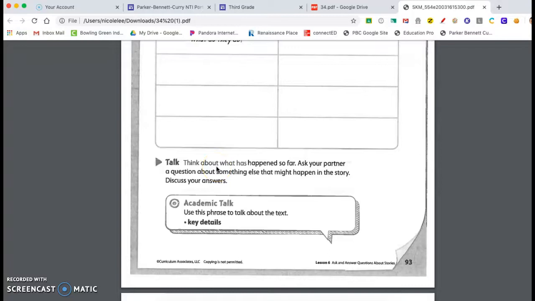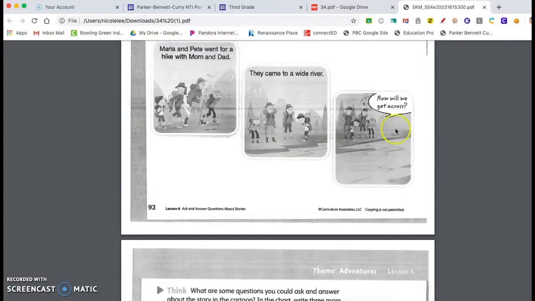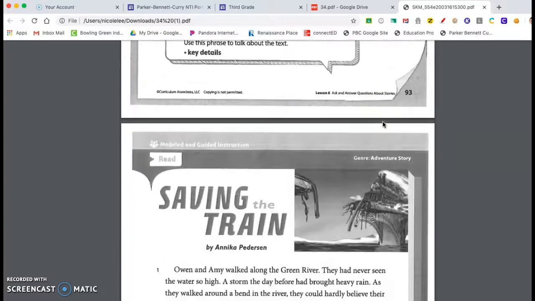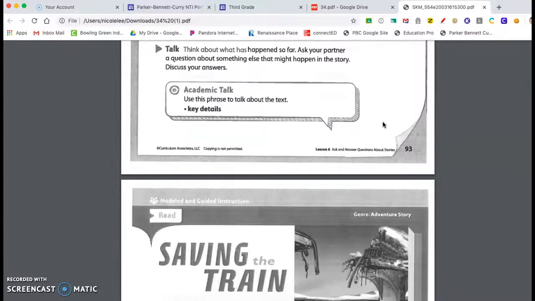So you're going to ask your parent, it says partner, but you can ask a brother or a sister. You can ask a mom or a dad or a grandma or an uncle or whoever you're staying with. Ask a question about something else that might happen in this story. So after this, what might happen? That's what I want you to talk about.